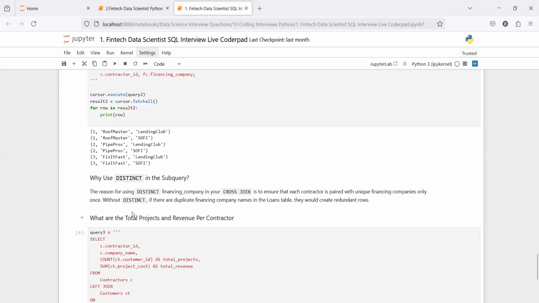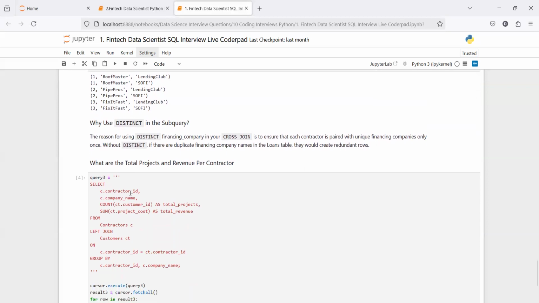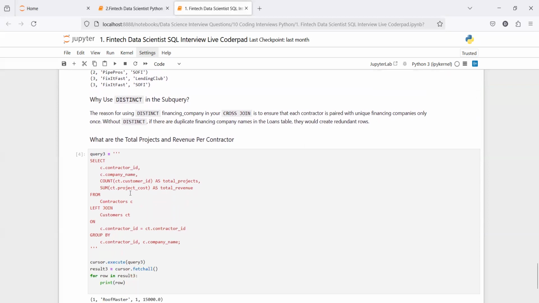The next question, and this was the last question, he asked me three. What are the total projects and revenue per contractor? Okay. So basically, we know that revenue is going to come from the customers table. That's pretty obvious.